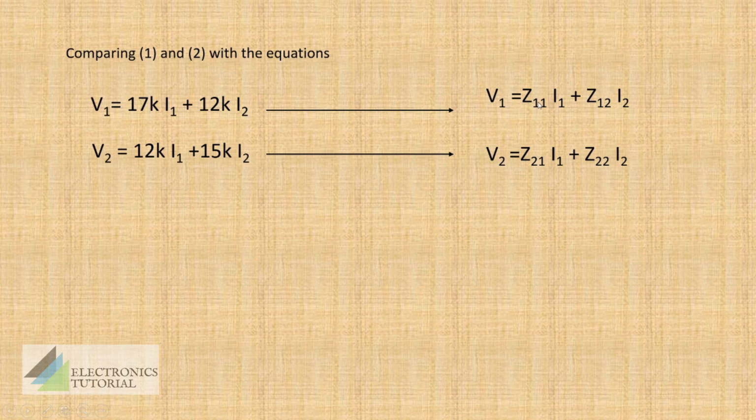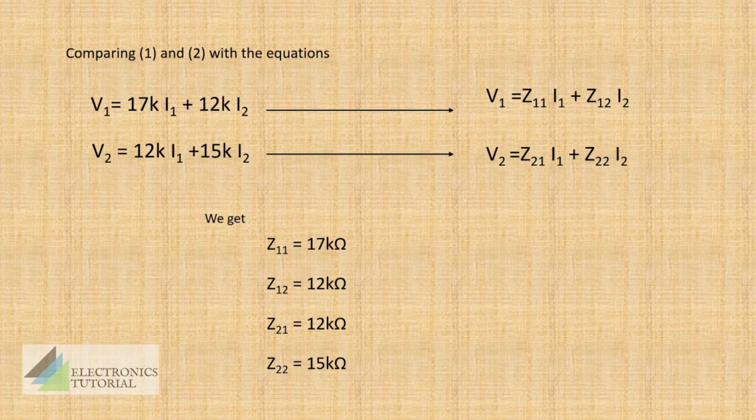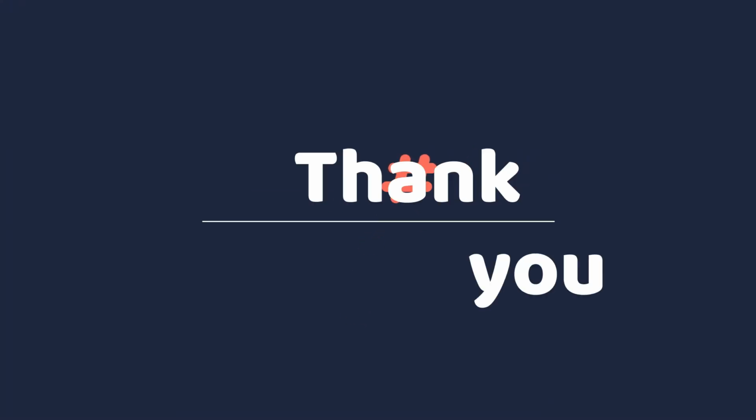Similarly, 12K for Z12, 12K for Z21 and 15K for Z22. We have got the same answer as before, and that too in a simple way. Keep one thing in your mind, this method is applicable only in the case of a T-shaped network. Thank you for watching.